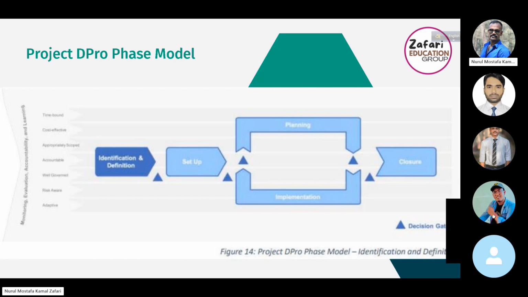It means in all the phases of the Project DIPRO model, monitoring, evaluation, accountability, and learning shall happen as per the MEAL plan. So MEAL is always active in all the phases.